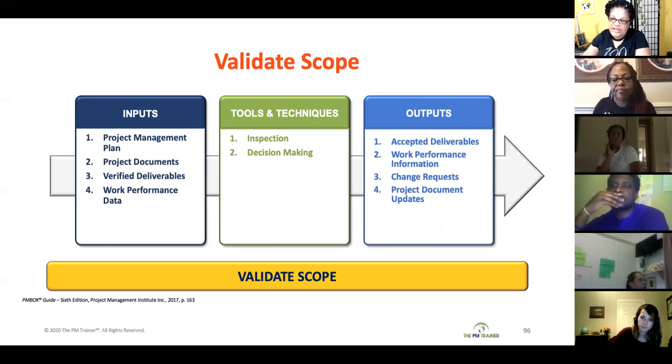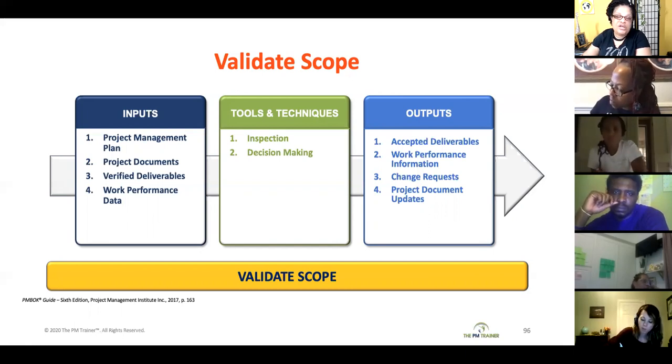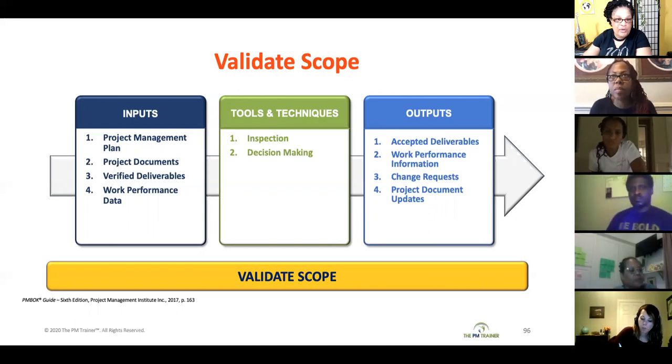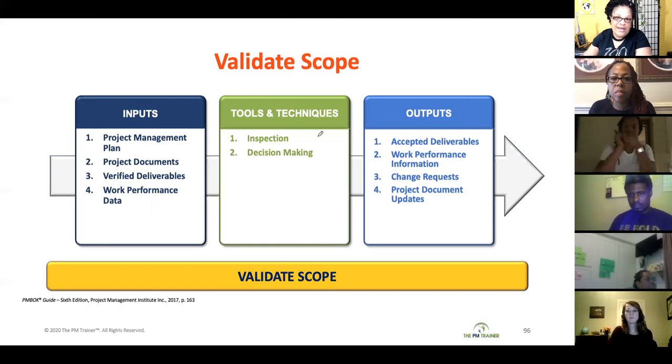Your other project document may be your quality reports, because you wanted to validate those deliverables according to the quality metrics. So you may have some quality reports that you're going to be reviewing as well. The verified deliverables, those verified deliverables are the ones that came through your control quality process, where you were looking for the correctness of the deliverables. And so once those deliverables are verified, they become an input to your validate scope process.